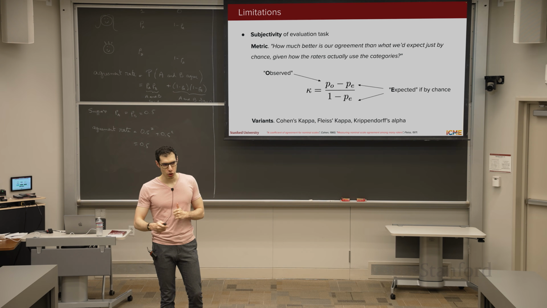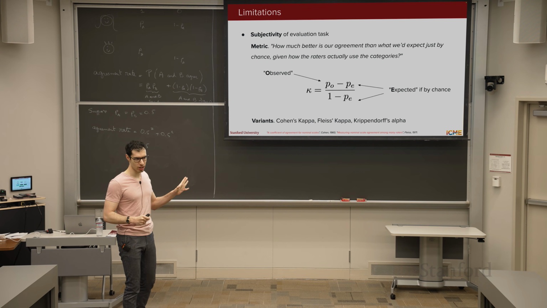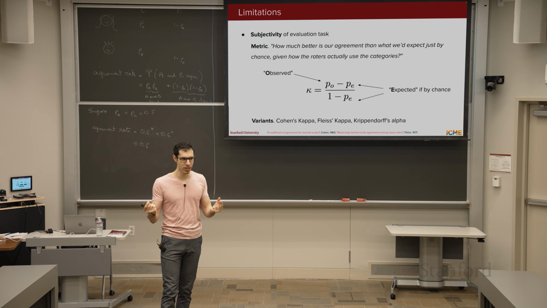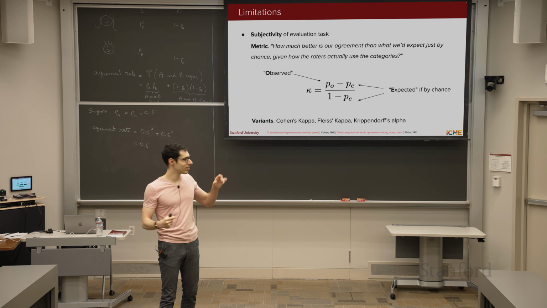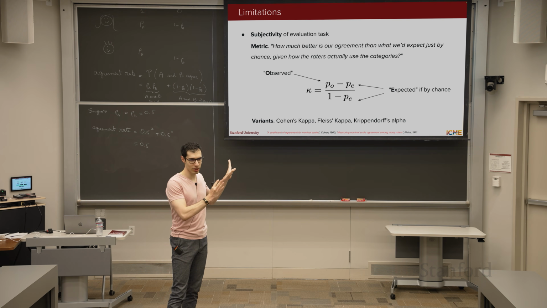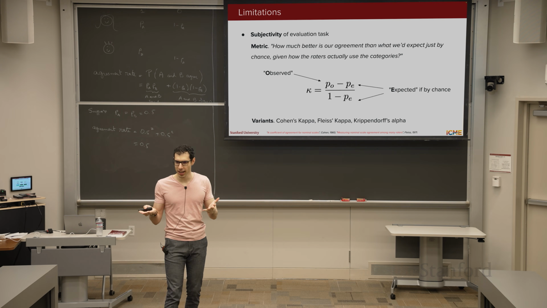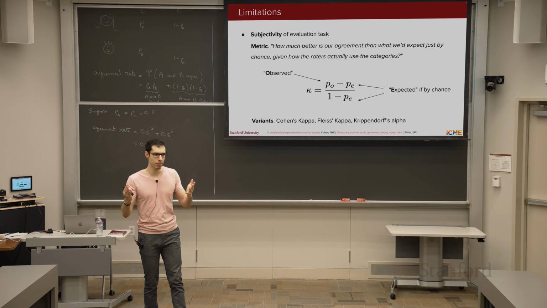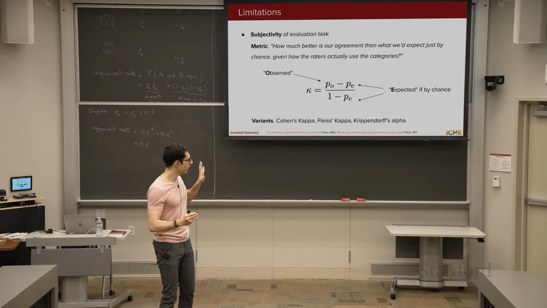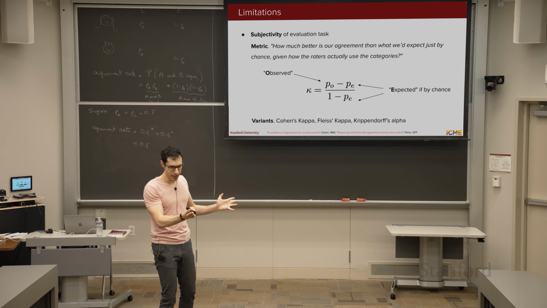Yeah? So I guess what I want to say is that the first limitation of asking humans to rate our LLM outputs, which was sometimes the task being subjective, can be something that we can quantify with these inter-rater agreement metrics. So what people will typically do is they keep track of how good that agreement is.